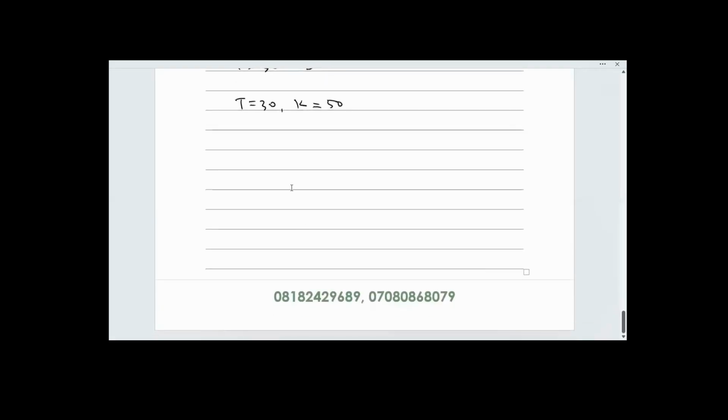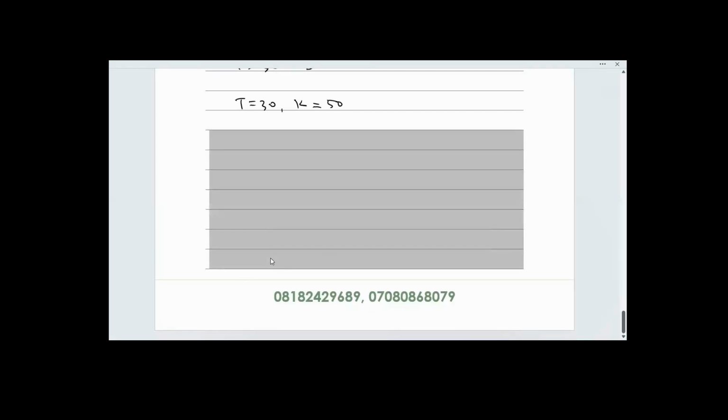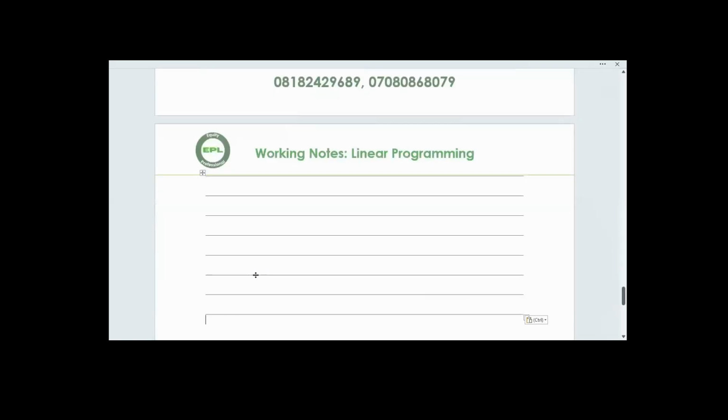Let me see if I should just continue with this. One minute. I've already opened a new worksheet, but let me just continue with this.